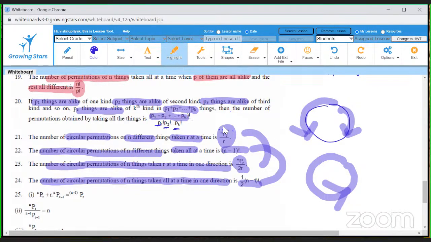Here nPr by r, here also nPr by r, and in the denominator 2 is there. Similarly, n minus 1 factorial, and n minus 1 factorial by 2.